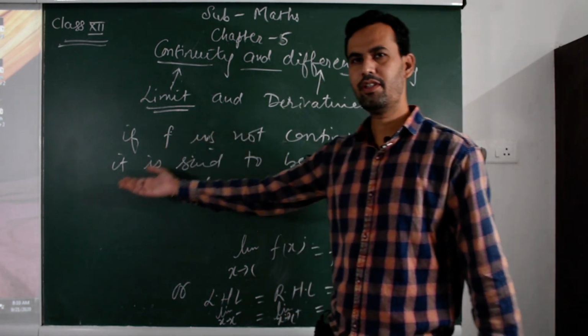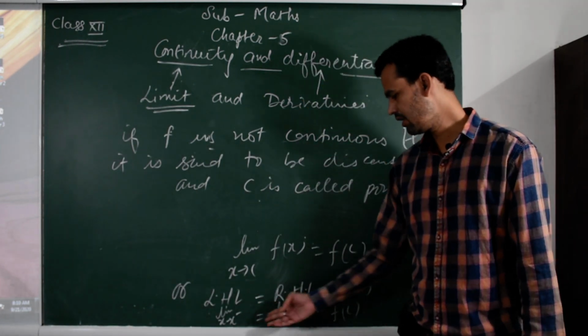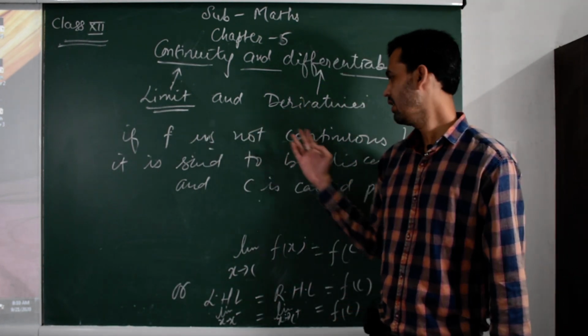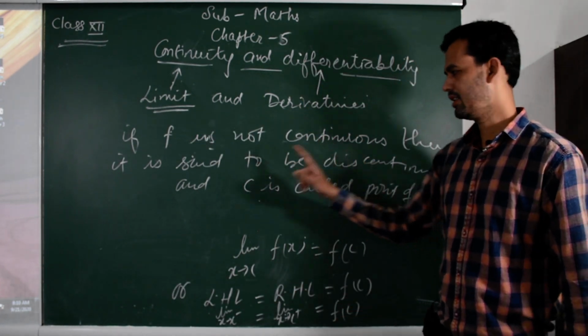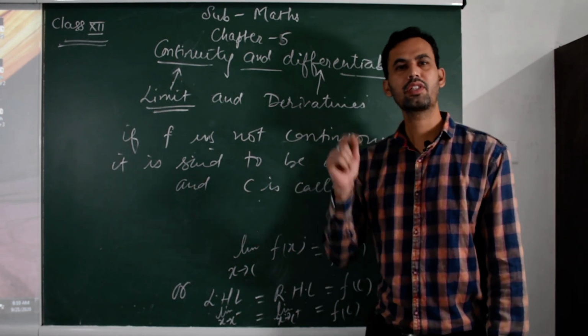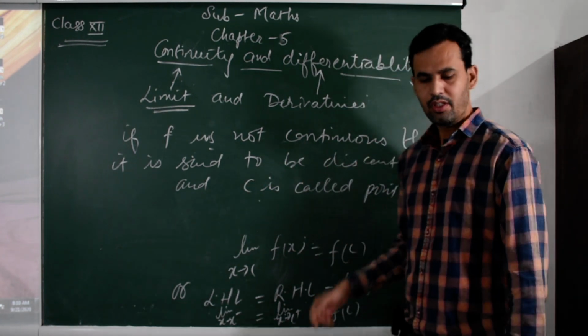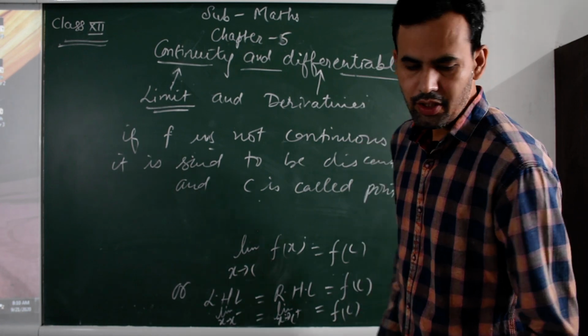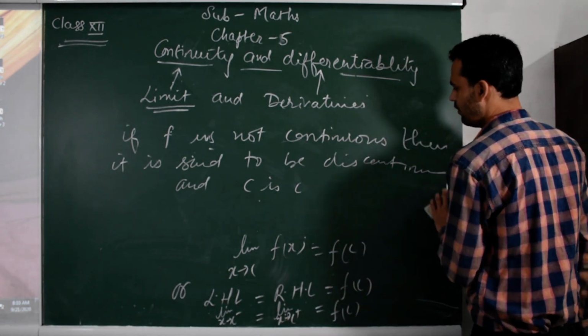If f is not continuous, it means these three are not equal, then f is called discontinuous and c is called the point of discontinuity. So this is all about continuity.